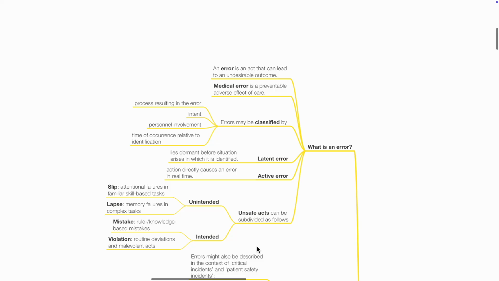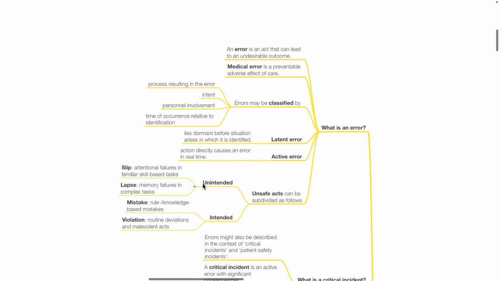Unsafe acts can be subdivided as unintended and intended. Unintended unsafe acts include slip, attentional failures in familiar skill-based tasks, or lapse, memory failures in complex tasks. Intended unsafe acts may be mistake, rule or knowledge-based mistakes, or violation, routine deviations, and malevolent acts.